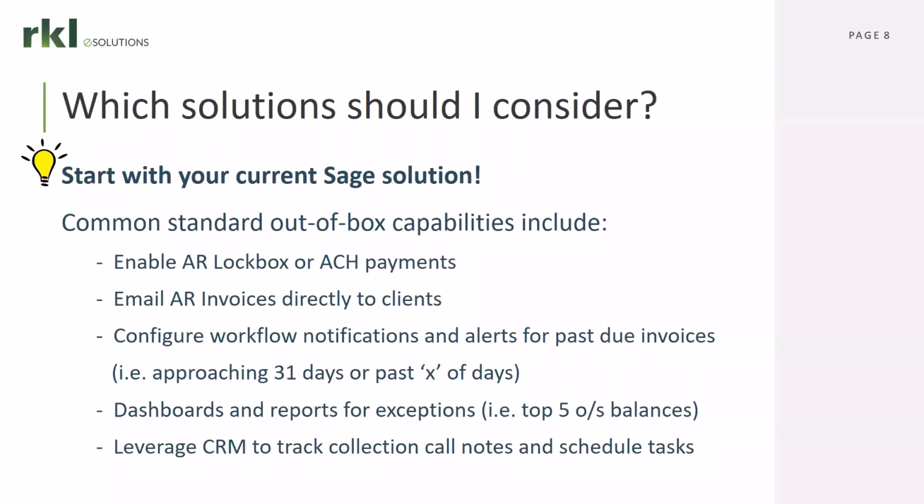And then finally, another Sage utility is CRM. For a while, Sage has been shipping Sage CRM with the Sage ERP products. Some Sage products obviously don't have a CRM capability, but if you're using CRM, one idea is to use your CRM to track the collection call notes and scheduled tasks.